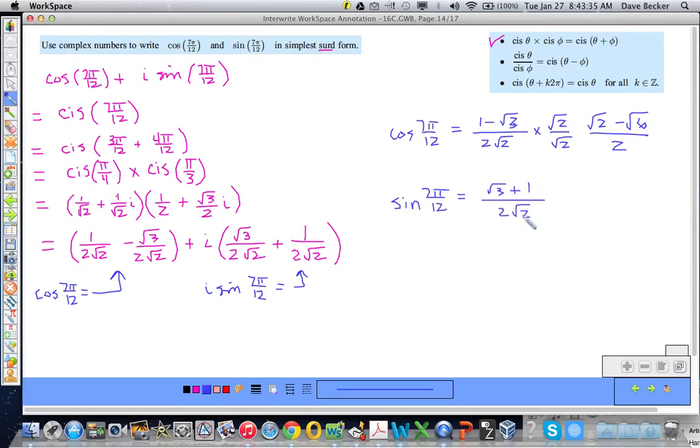Isn't life glorious? Yes? And same thing, I'm going to rationalize. Yes, and that gives me root 6 plus root 2 over 4. So we have used complex numbers to write these impossible values for cosine and sine in simplest radical form. Love it. Moving on.